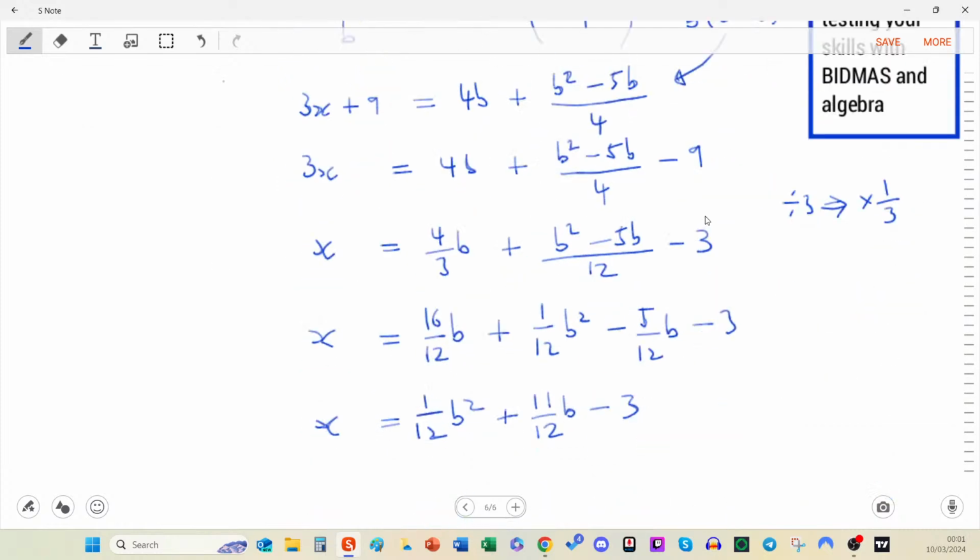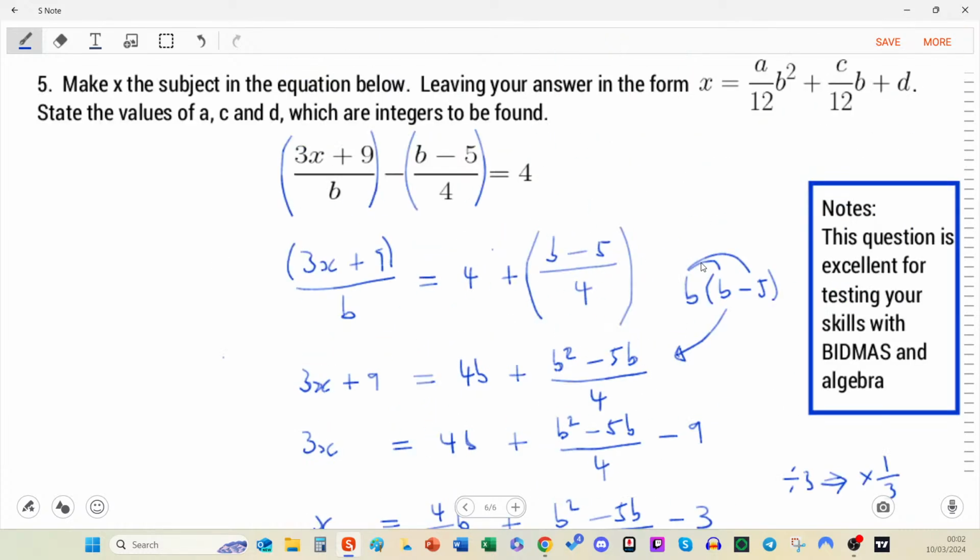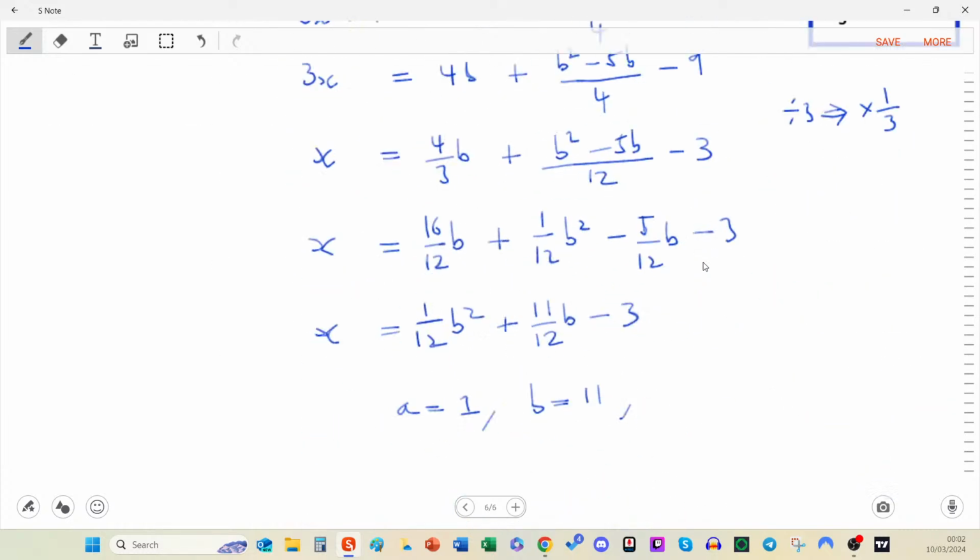We got there. So we need to state what each of them are now, right? So it's clear that a, being the numerator there, is 1. B is equal to 11, positive 11. Is it A, B? Let's check. No, it's C, is it? Yeah, it's C because we're using B already. And then D is that last letter on the end. It's 3.